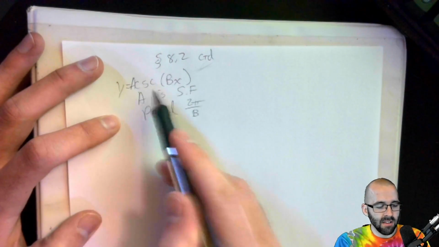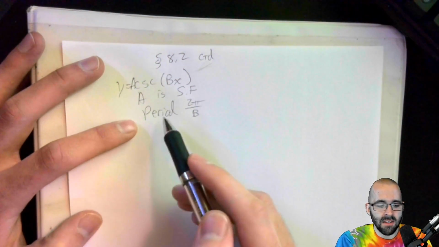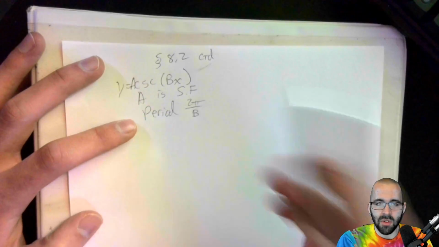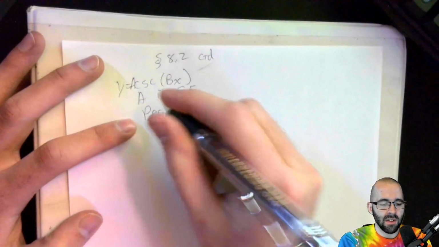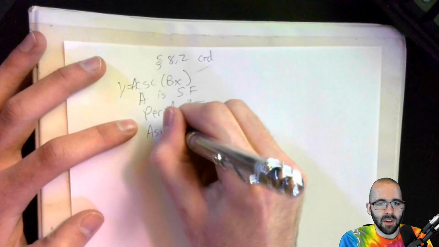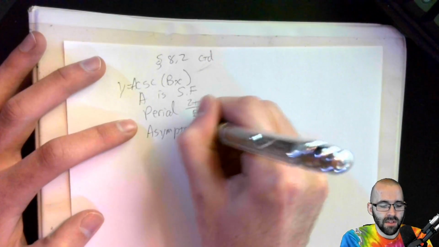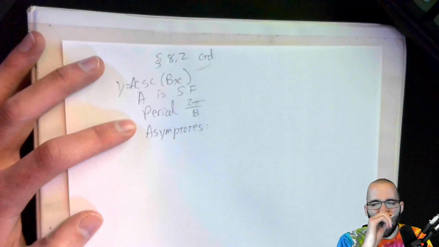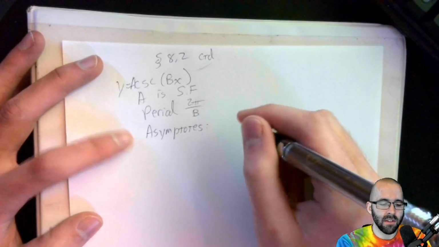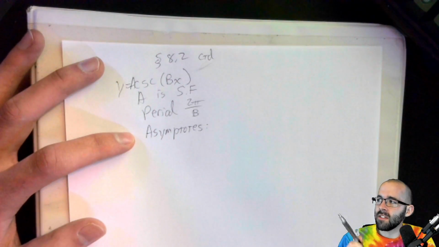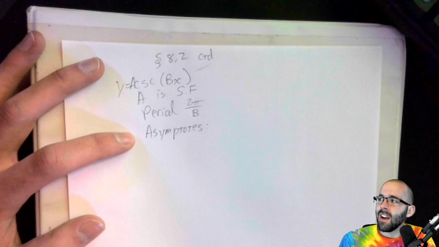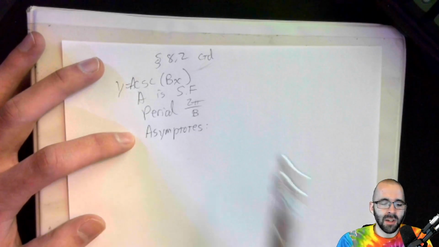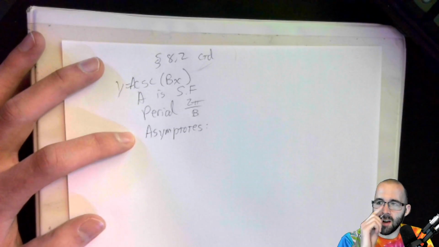This is very similar to sine, because they're both 2 pi periodic functions. The asymptotes for cosecant: the first one is at 0, and then it's every half of a period. Remember a tangent was the first one is at half the period, and then they repeat every period. Well, here it repeats every half a period.